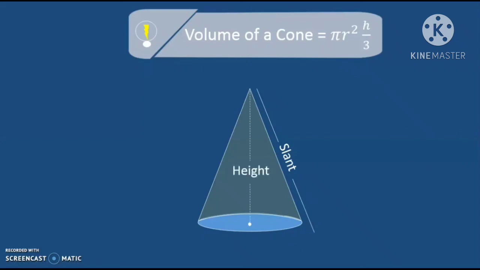So, the volume of this cone is fairly easy to get. We just need to remember the formula πr² times height over 3. Now, the diagram gives us both the radius and the height of the cone.